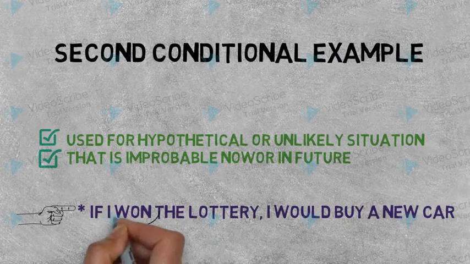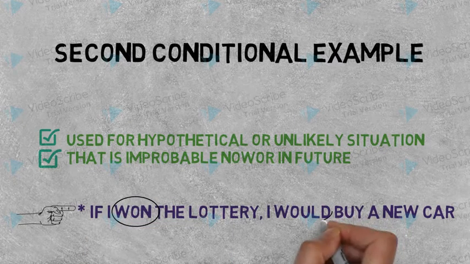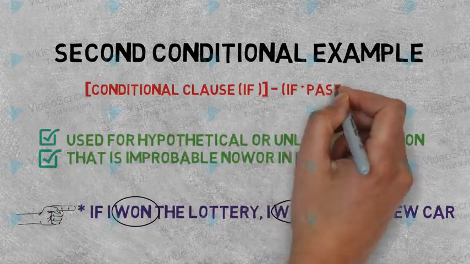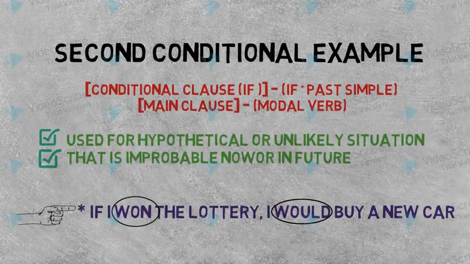Here the won is in the past simple tense and would has been used as a modal. Would has been used here as compared to will in the first conditional, as we want to talk about a hypothetical event. Looking at the structure, we use past simple with if clause and the modal with the main clause. The other modal verbs that we use with second conditional are might be and could.